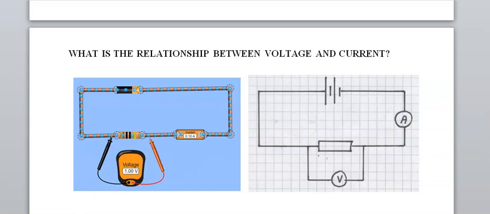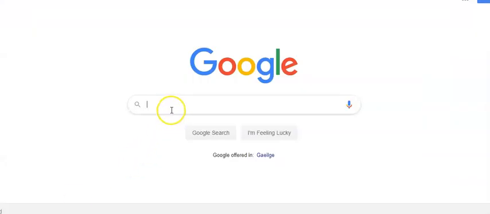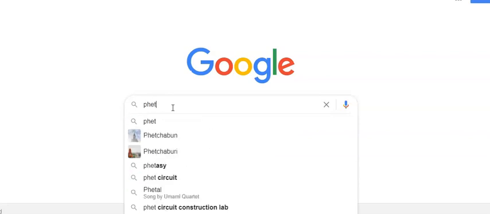Now, the online software that will simulate an electric circuit I'm going to use comes from the University of Colorado. And they have a fantastic resource. You find it by just going to Google and typing in PHET, which stands for Physics Education Technology, I think.